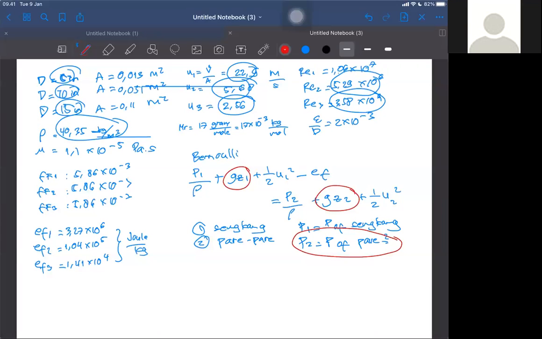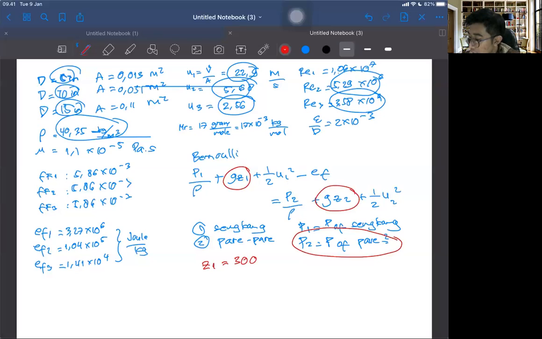Z2 is 0, Z1 is 300. Or Z1 is 0, then Z2 is minus 300. You can choose either of these.